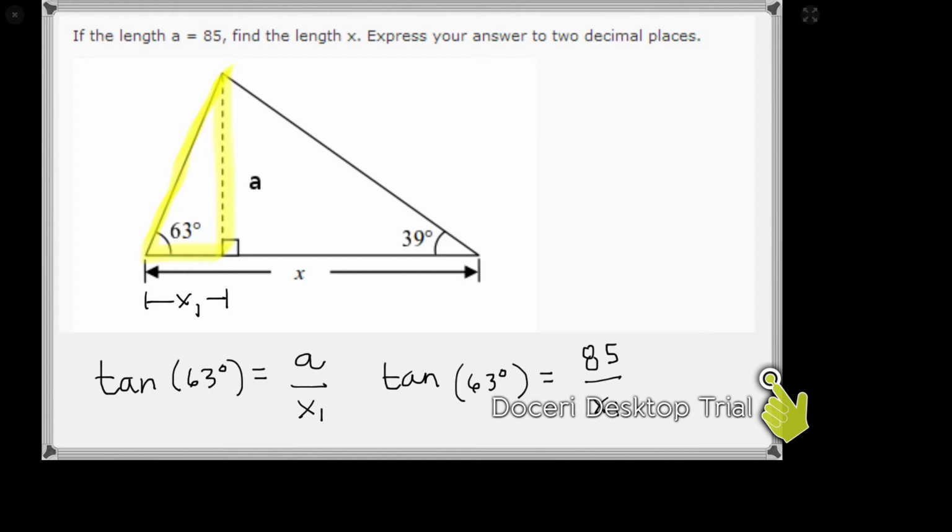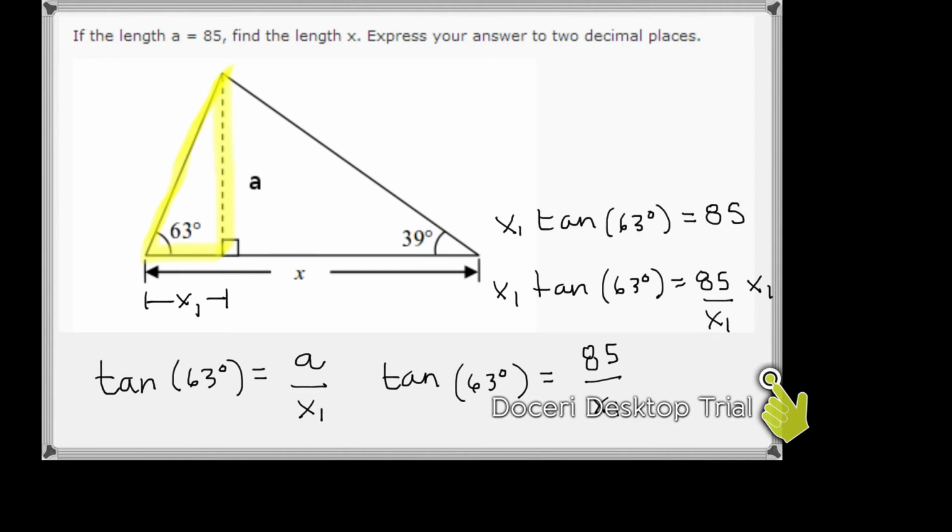Now we'll multiply both sides by x1, so these terms will cancel out. Then finally I want to get x1 by itself, so I divide both sides of that equation by tan 63 degrees.